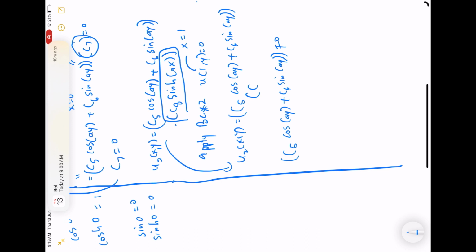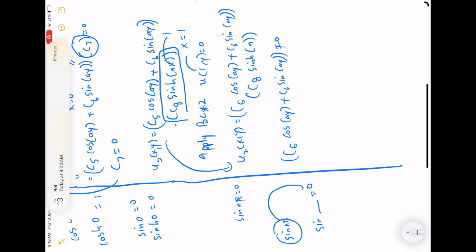Multiplied by c8 hyperbolic sine, so our x is 1, a. Like I mentioned previously, whenever you see any sine value with the value of a there, you know that when sine of anything is equal to 0, you can compare it with sine n pi, because sine n pi is equal to 0.